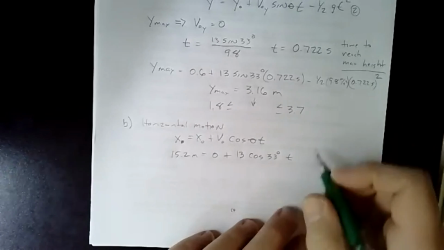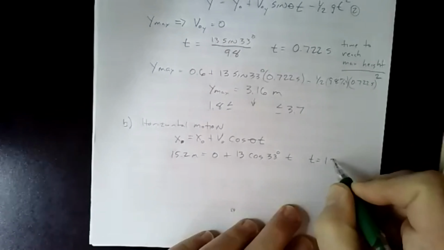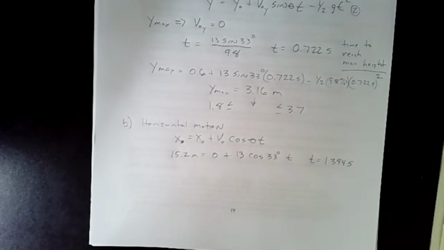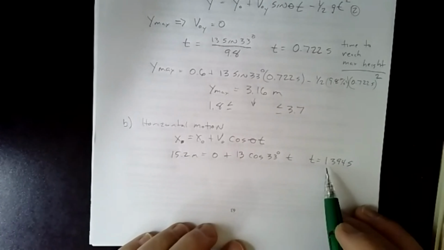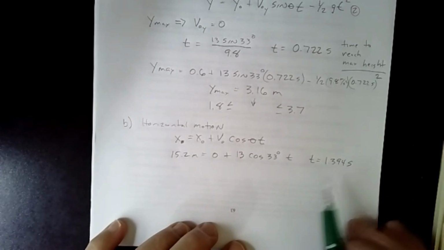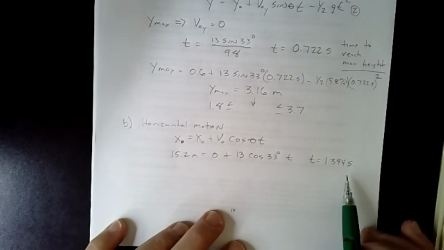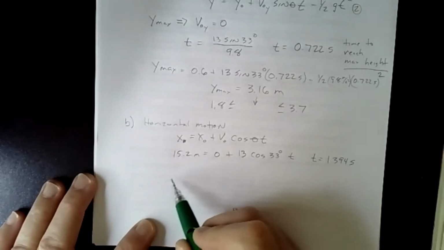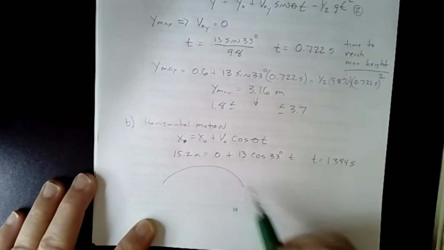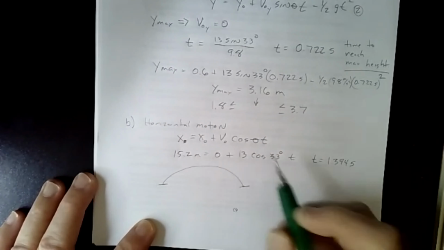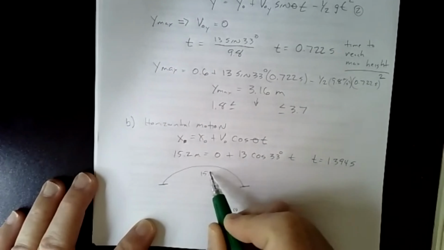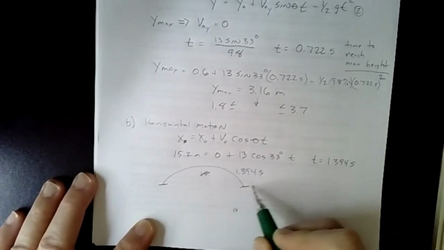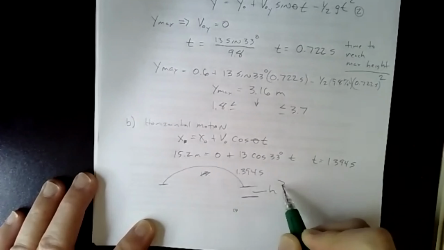And so we solve and we get a t equal to 1.394 seconds. So we know that that's the time it takes to travel the x distance of 15.2 meters. So now what we want to know is, if it goes up and down and it's flying in the air for 1.394 seconds, where does it land?